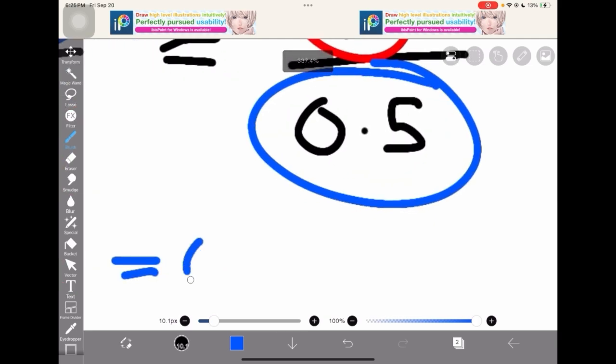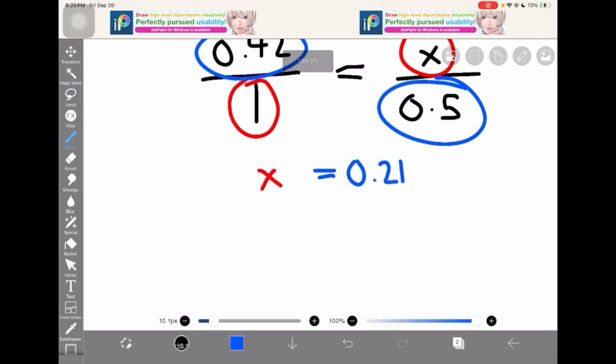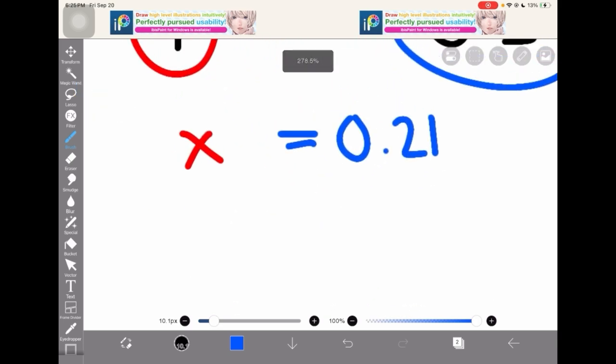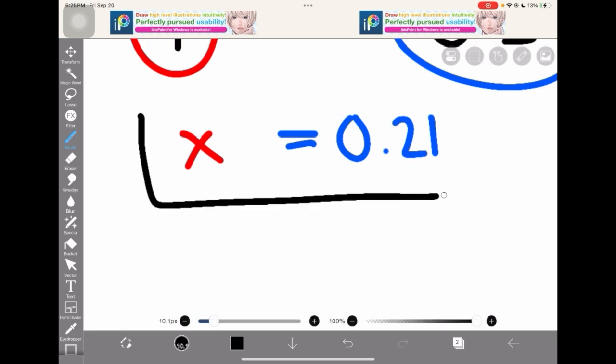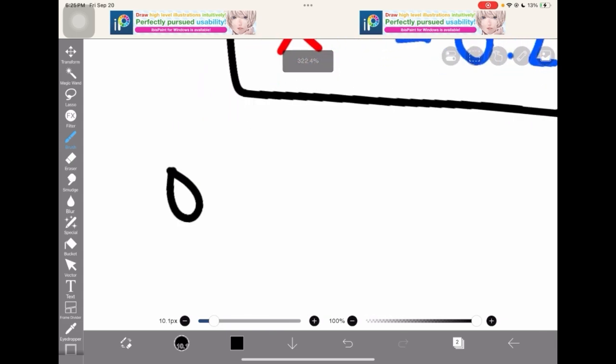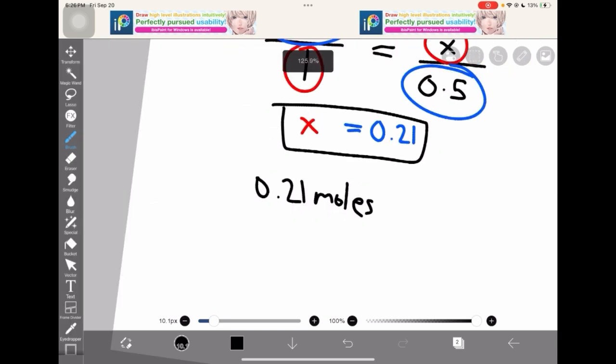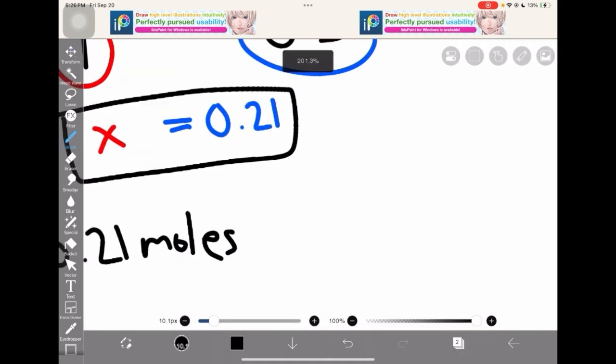You put that in your calculator, 0.5 times 0.42. Now, that's your answer, because in some cases we actually get a decimal for x, but not in this case. So the answer is 0.21 moles of sodium hydroxide, or we can just express it as NaOH.